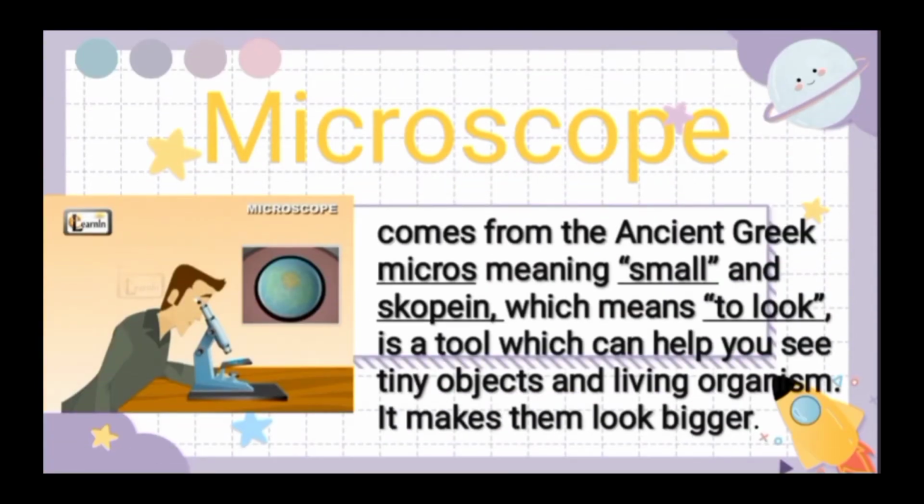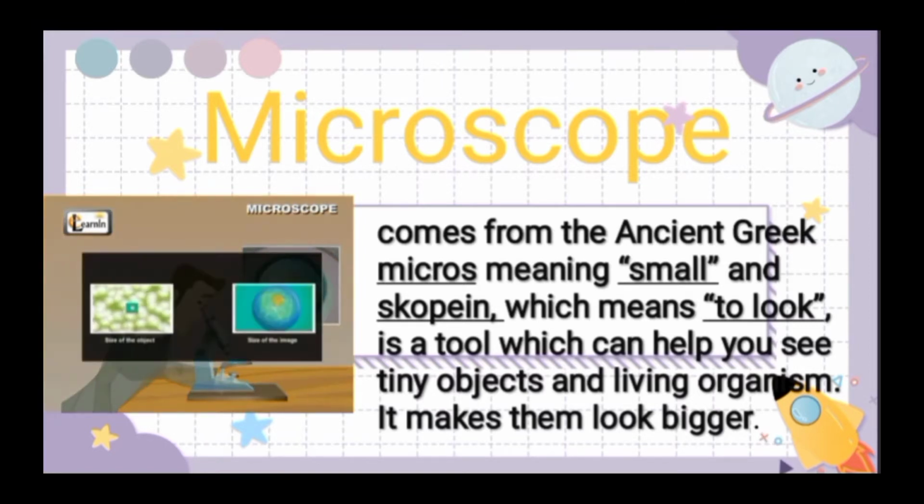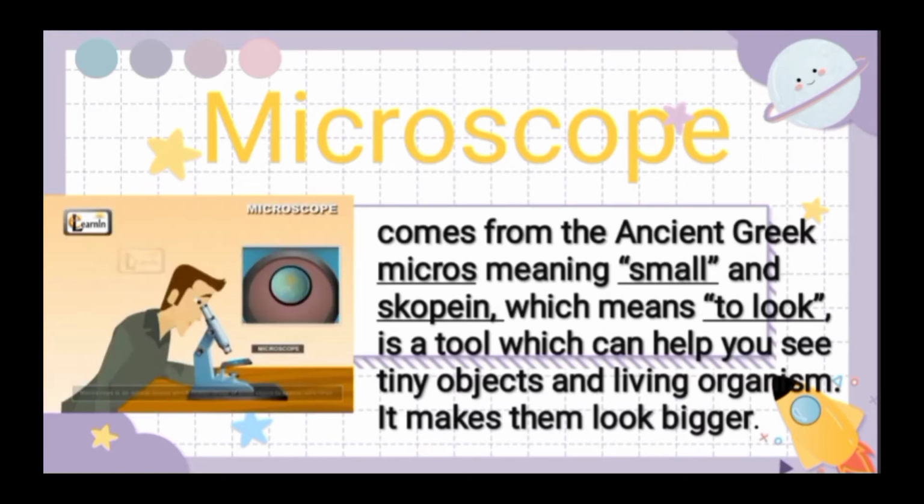Microscope comes from the ancient Greek micros, meaning small, and iskopin, which means to look. It is a tool which can help you to see tiny objects and living organisms. It makes the organisms look bigger. It is also used to see or magnify many things that cannot be seen by our naked eye.